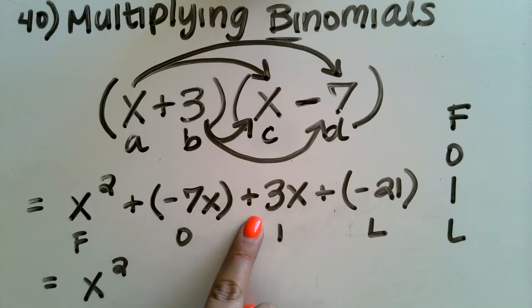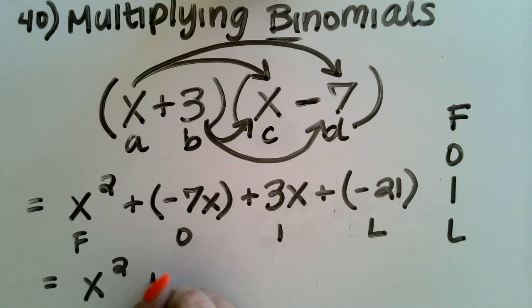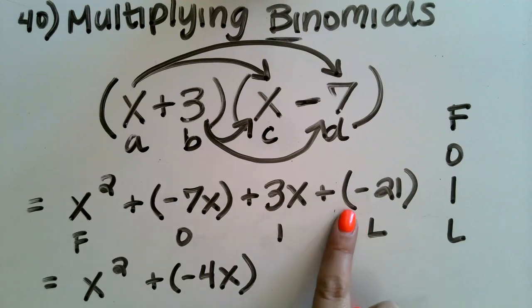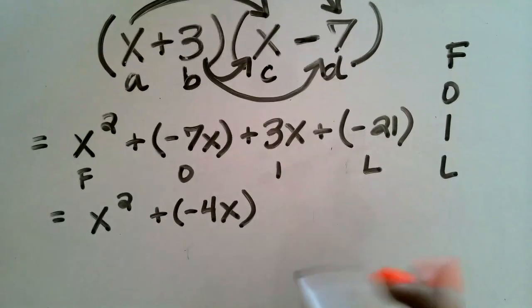Negative 7 plus 3 is a negative 4x. Adding that negative 4x. And then finally, we bring down this adding of a negative 21. No other terms that we can combine in there, so I'm just going to bring it down.